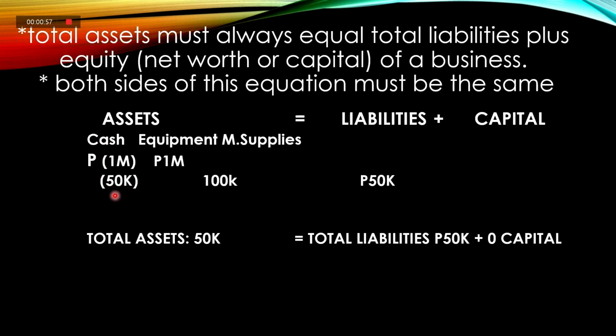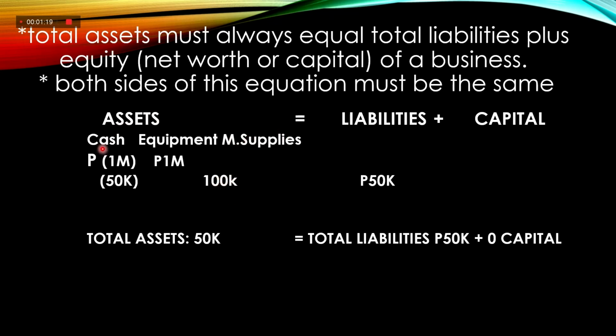So cash is negative 1,050,000 pesos, and on the other side we have the assets, which is the equipment, 1 million for the purchase of the laboratory equipment, and the purchase of medical supplies amounting to 100,000 pesos.